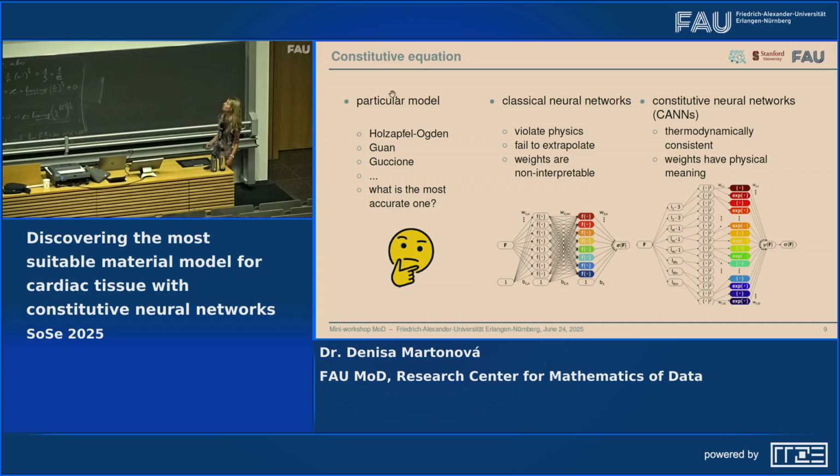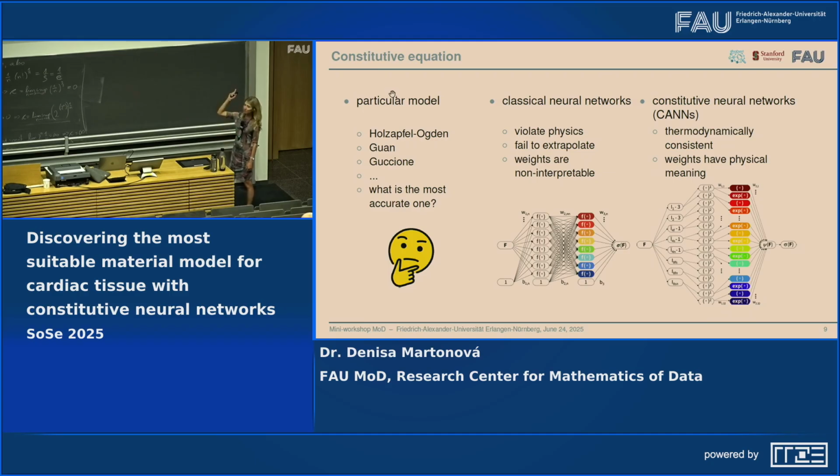The other way would be just to use neural networks to do this job for us. But the problem is, as you also have seen in the first talk, that such networks can violate physics, so it's not the best way to choose just very general neural networks, because also the weights are non-interpretable, and we as engineers are quite unhappy with this.